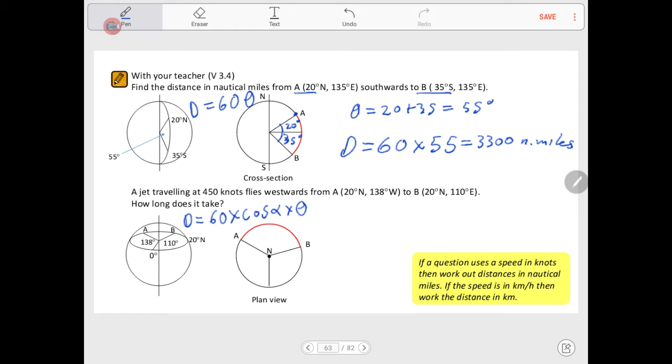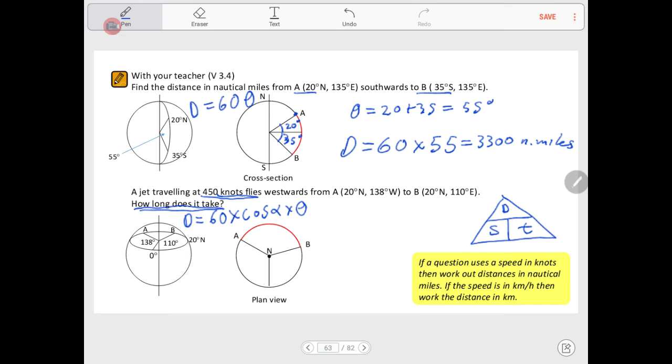Pretty simple. Okay, now this one down here has that extra step, like I said, where we need to consider this speed here. We're asked how long does it take, so we're asked about the time. Remember that speed equals distance over time, but we want to know what time is equal to, so we can use this triangle method, speed, distance, time.